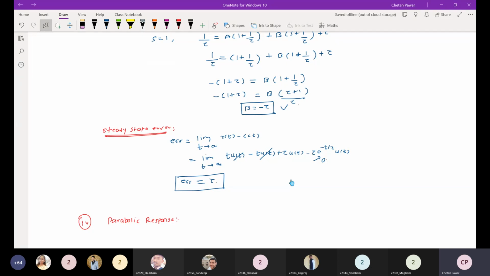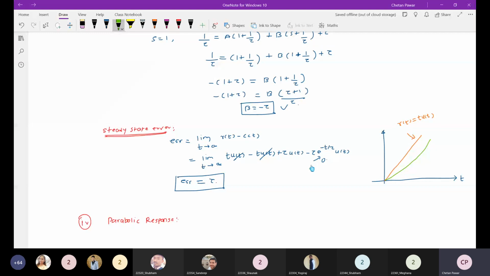When you apply any unbounded input, if you see the ramp signal as t tends to infinity, so if I draw the graph here, okay, this is the input r(t), t into u(t). So the output will be like this.